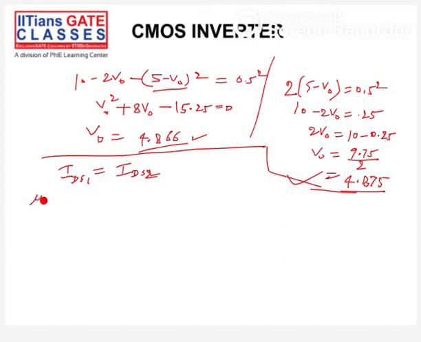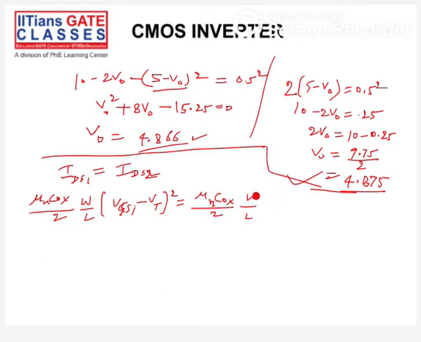So mu n C oxide divided by 2 into W by L, VGS1 minus VT whole square is equal to mu n C oxide divided by 2 W by L, VGS2 minus VT whole square.